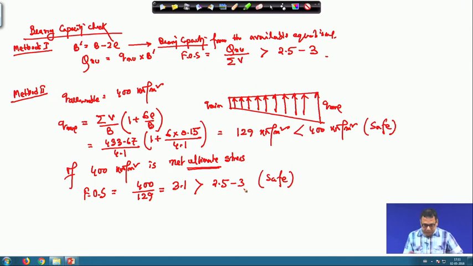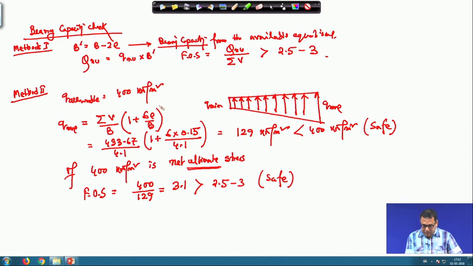So, these are all the 4 checks I have done, but remember, do not mix these two methods. If you are using B dash as B minus 2E, then do not use this expression. Then you calculate the bearing capacity by using the available expression, multiply it with B dash, then determine the factor of safety. And if you are using method 2, then do not use B dash.